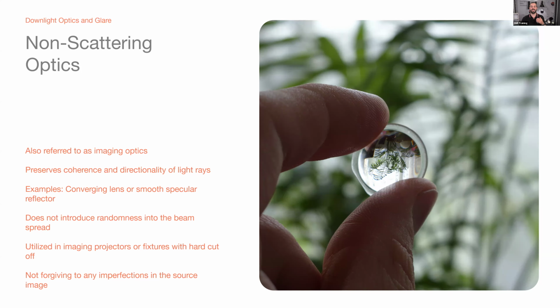So any piece of dust, anything that gathers within the light fixture can start to be revealed by a non-scattering optic, because its main job is to preserve all of those light rays and give you a very faithful image. So when it comes to being used in downlights, these tend to be not very well utilized in a lot of types of fixtures, except for some more specific applications, like I said, in terms of framing projectors or image projectors and things like that.